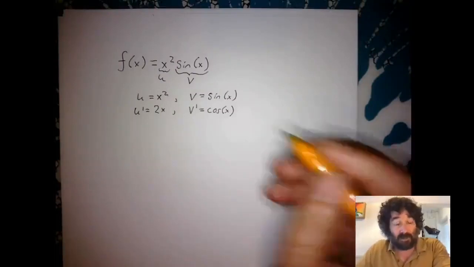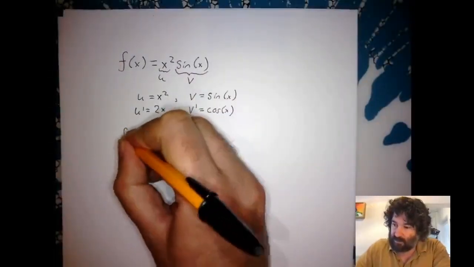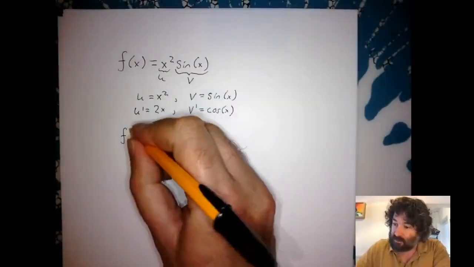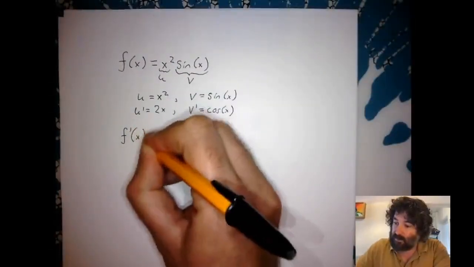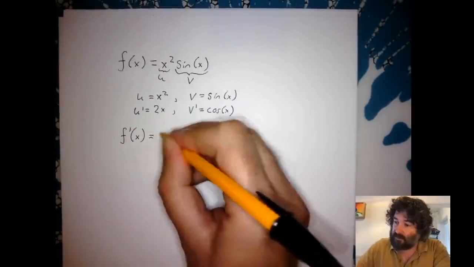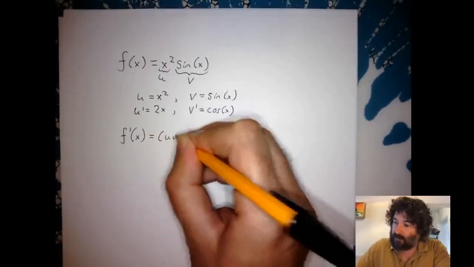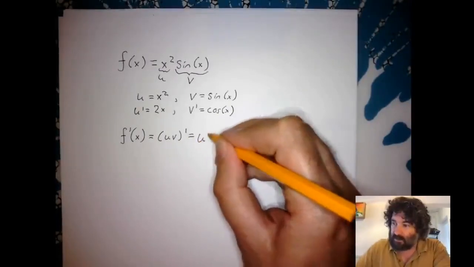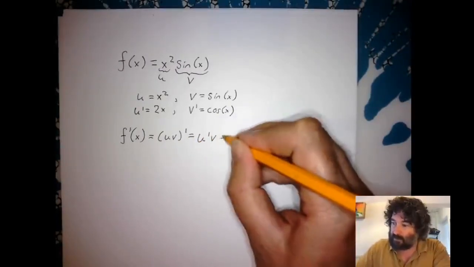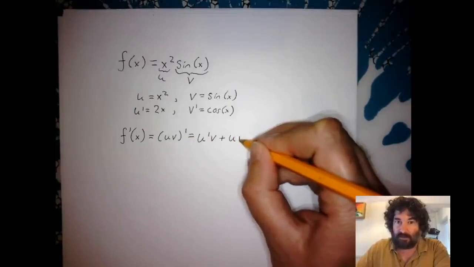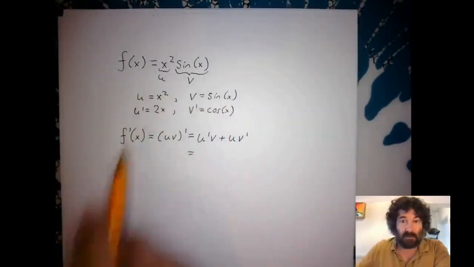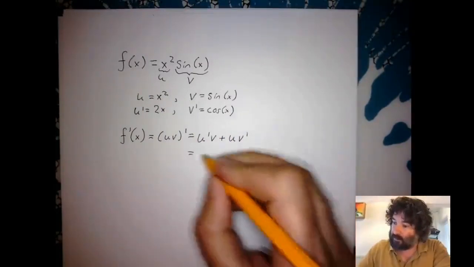And so then we can apply the product rule in order to write down the derivative of this function f, which is the product of u times v. The product rule says that this is u prime times v plus u times v prime. And we have worked everything out here. We can just put it into the formula.